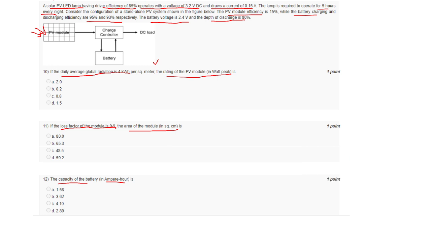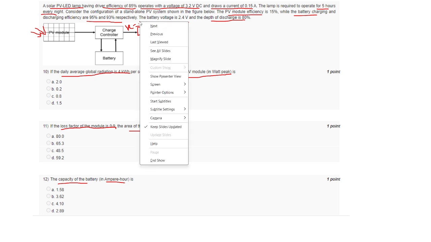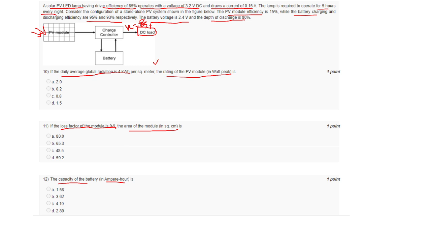Okay, so a solar PV and an LED lamp. Say an LED lamp is here. Your load has a driver efficiency of 85%. So here your efficiency from PV to LED lamp is 85%, and it operates with a voltage of 3.2 volt DC.